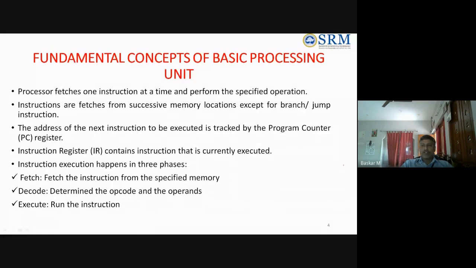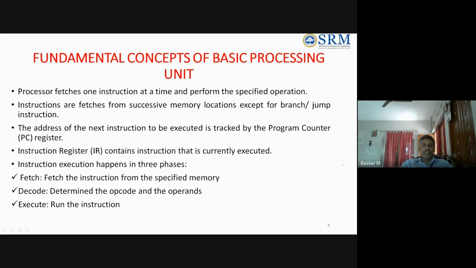Then the instruction is fetched, and we accommodate the fetched instruction in our instruction register. Now the instruction previously pointed to by the program counter is available in the instruction register. At the same time, the program counter is incremented to the next memory location, so it keeps track of the address of the next instruction to be executed by the processor.